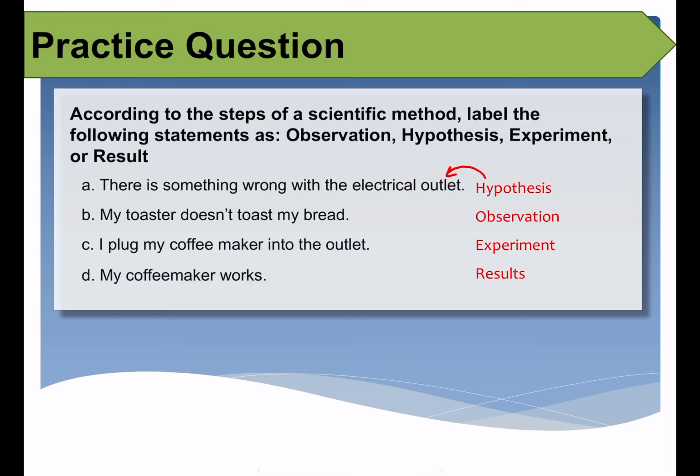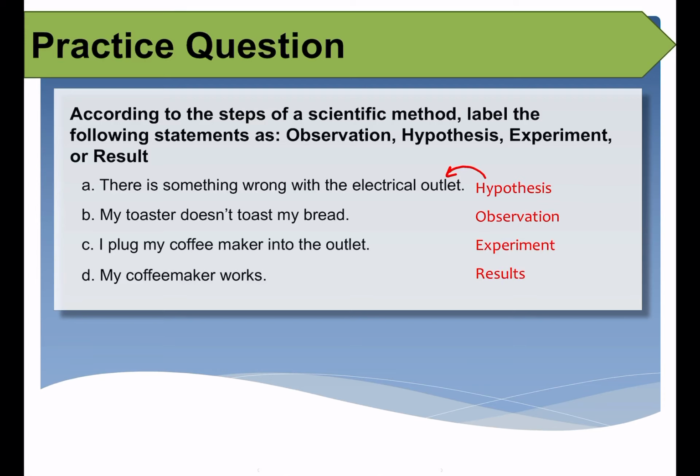Of course, another hypothesis could be there is something wrong with the toaster. The toaster is broken. But in this particular case, the hypothesis that was given was that there is something wrong with the electrical outlet. So the experiment is, well, let me plug something into the electrical outlet, then I can figure that out. Because my hypothesis was the electrical outlet is the problem.